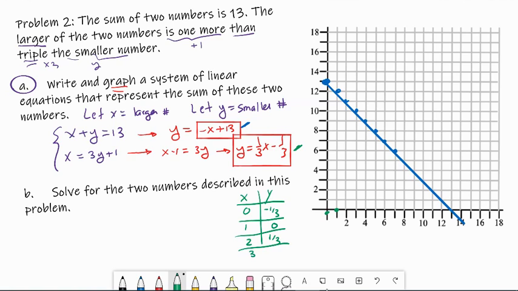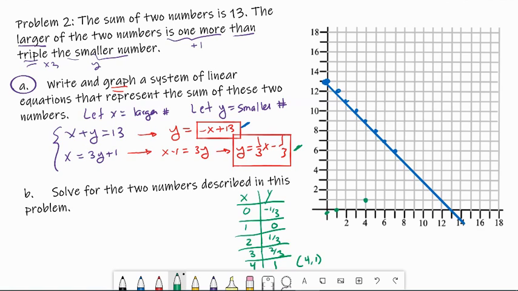If we plug in 3 for x, that is 3/3, which is 1, minus 1/3, which is 2/3. And if I plug in 4 for x, that is 4/3 minus 1/3. 4 minus 1 is 3, so it's 3/3, which is 1. So I'm going to use this point 4, 1 as my next point.